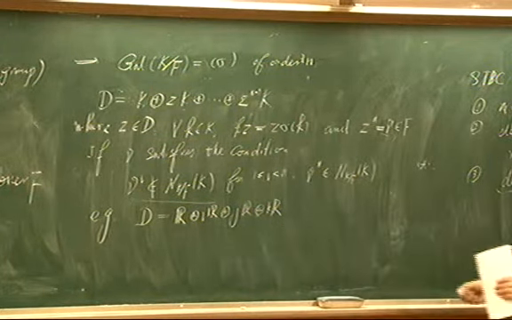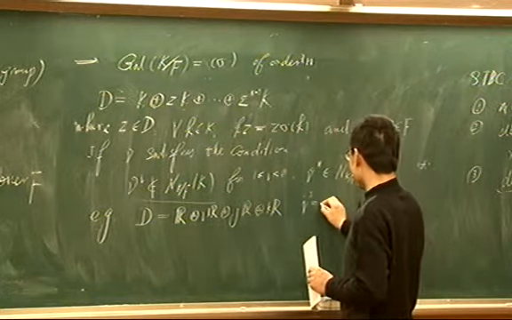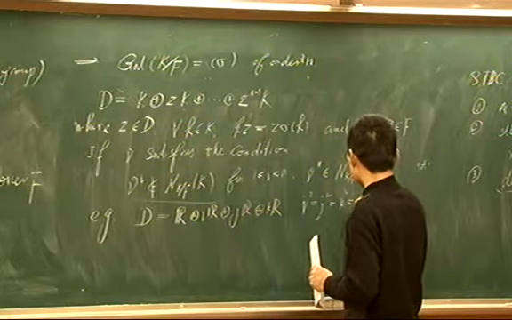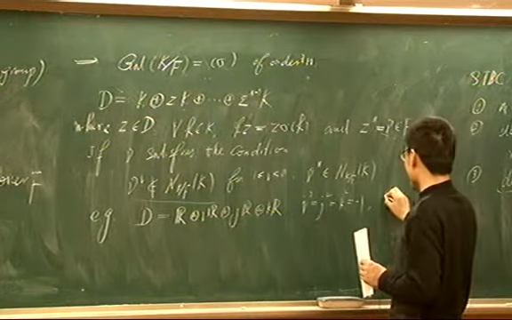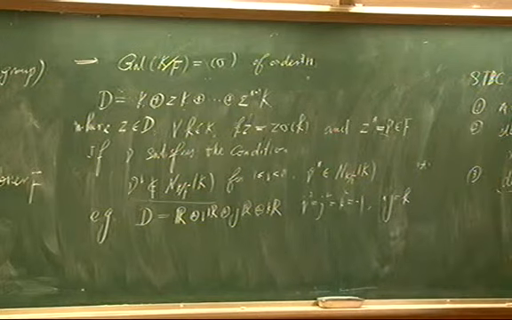We all know i^2 = j^2 = k^2 = -1, and then ij equals k.